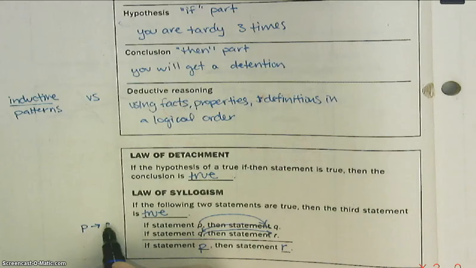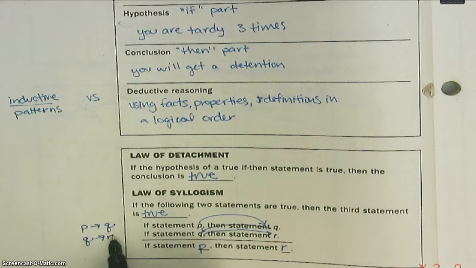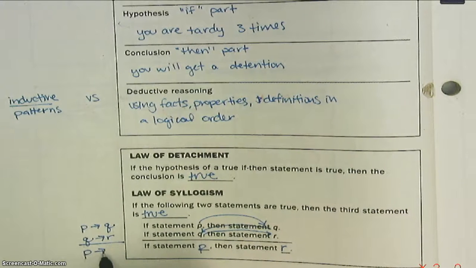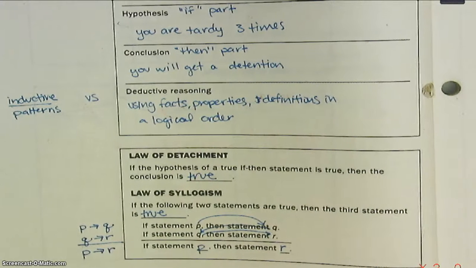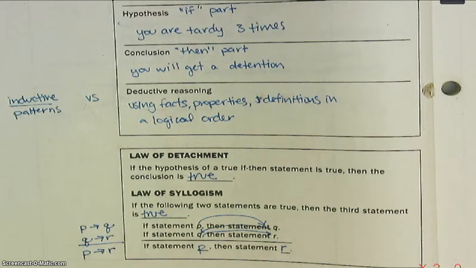If P goes to Q and Q goes to R, then we can cut right from P to R. That's what it's saying.